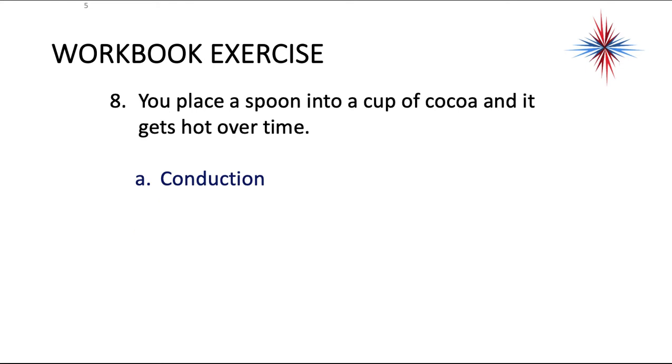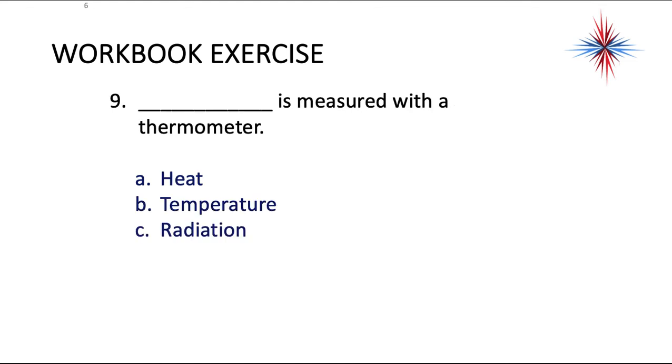It's conduction. Solid object, molecule to molecule. Blank is measured with a thermometer. Is it heat, temperature, or radiation? B. Temperature is measured with a thermometer. Heat might include temperature, but the heat goes way beyond temperature.